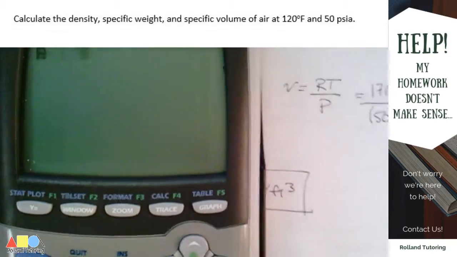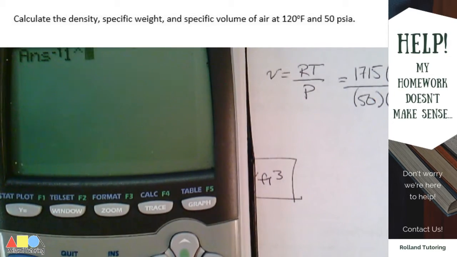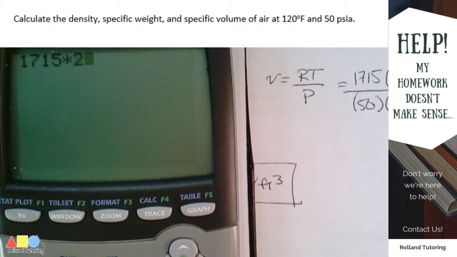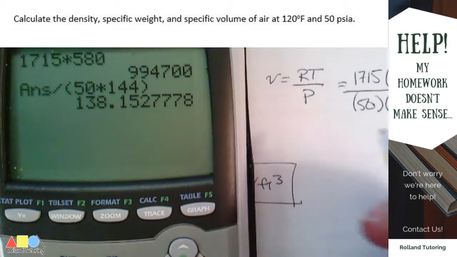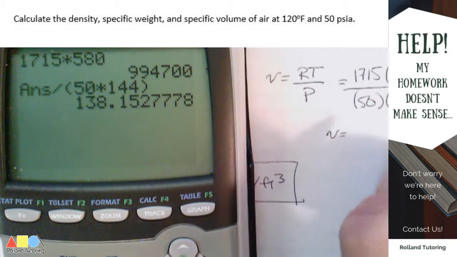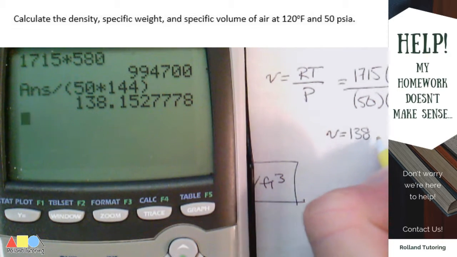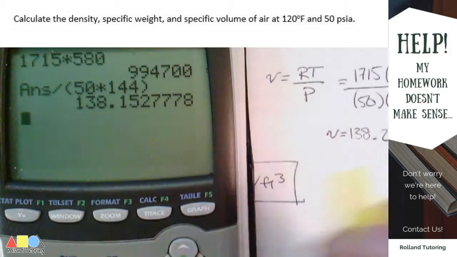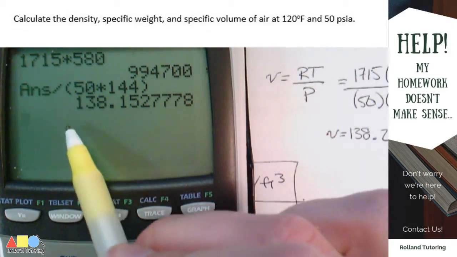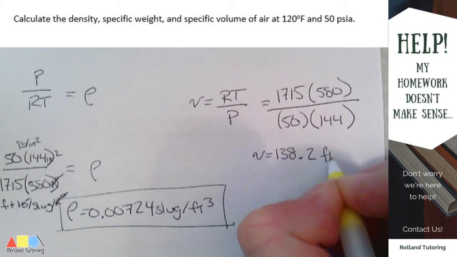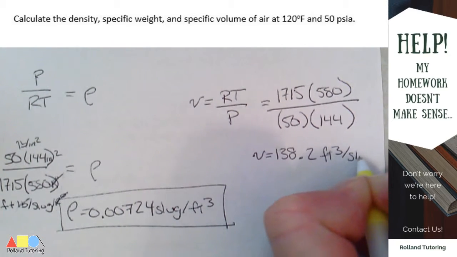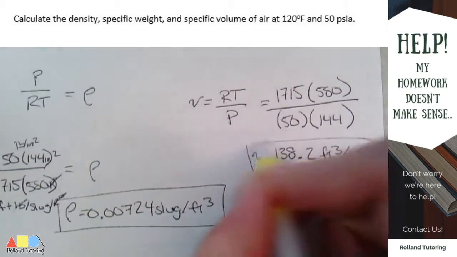If we do that here, 1715 times 580 divided by 50 times 144, you get our volume is equal to 138.2. Just rounding here again, round according to your course requirements, but this one will actually be feet cubed per slug. That will be our final answer.